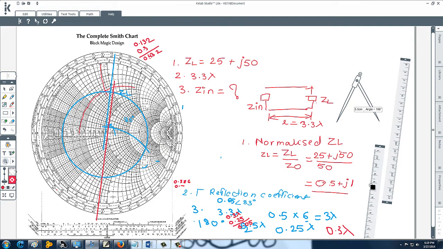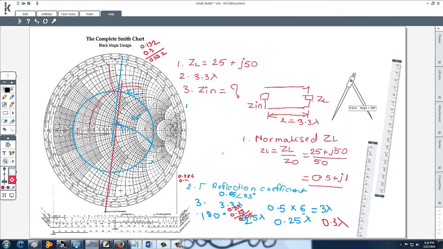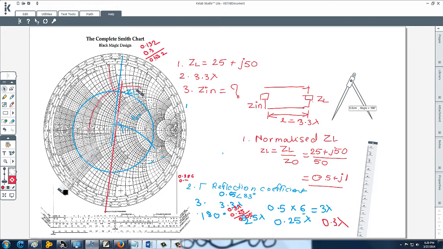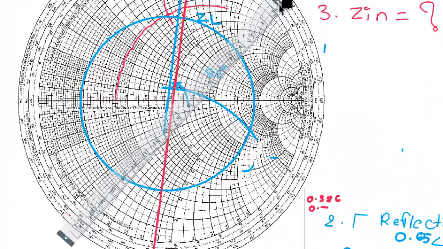So take a ruler, take this point here and draw it, and you get a point here. I am zooming in. May I mark it? I am using another color. This is new for me, so it is taking time.